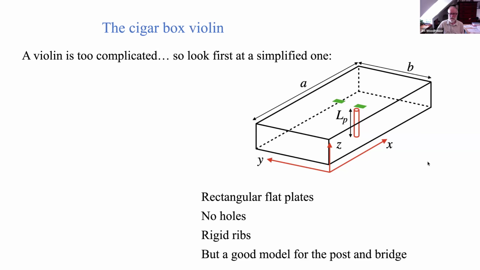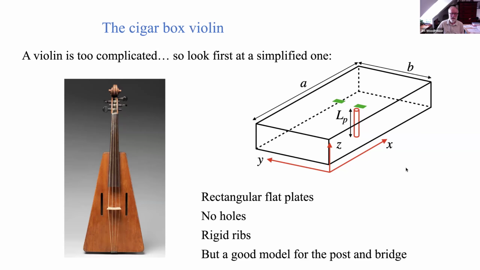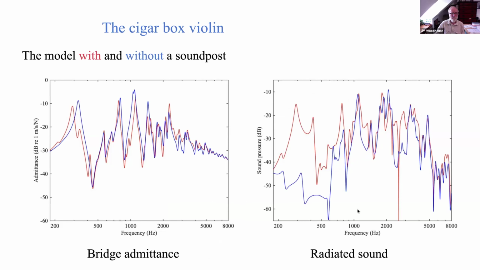Now, you may think that's got nothing at all to do with real violins, but of course there are instruments that are not so different from this. This is a Sabar trapezoid violin in some museum in France. And I'm told that these things can actually sound quite good if they're well made and well set up. So maybe there's some hope for this simple model. But if you don't believe it, I will get to real violins by the end of the talk.